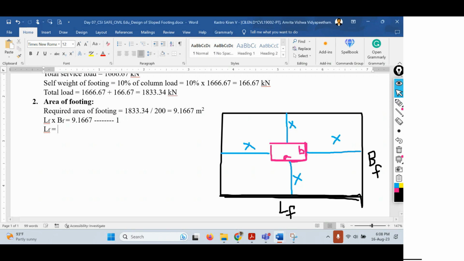So the length of the footing equals a plus 2 times x. Similarly, the width of the footing, BF, equals b plus 2x.